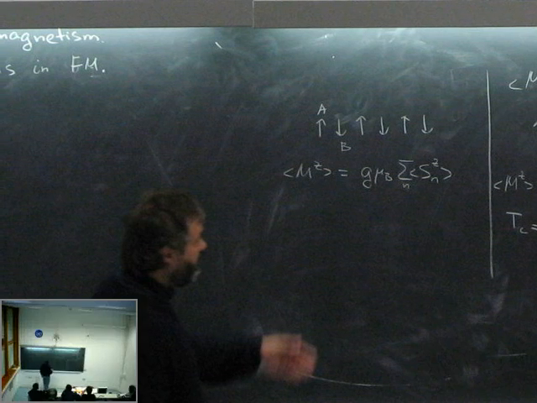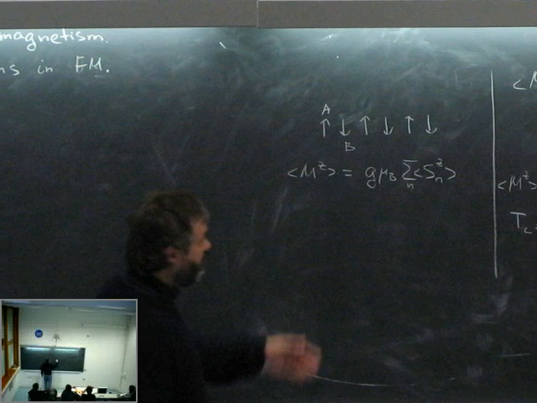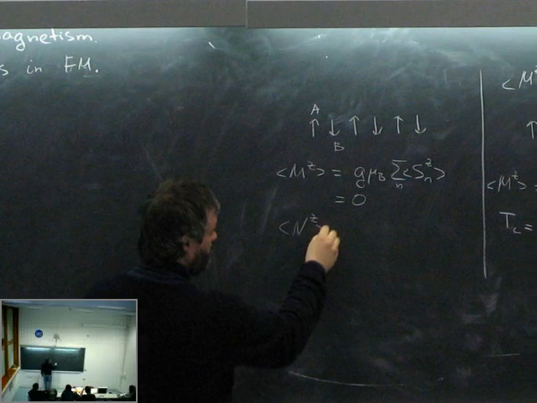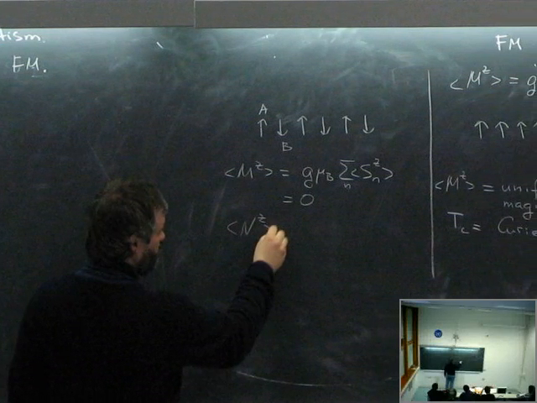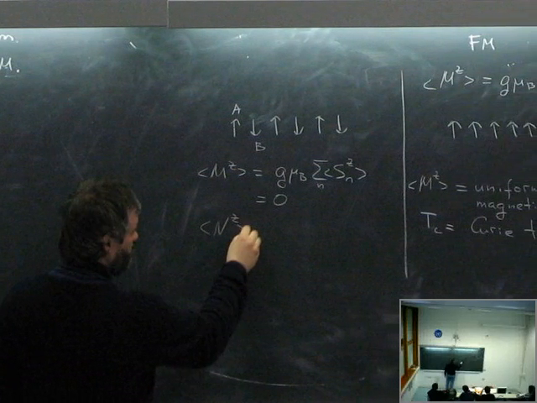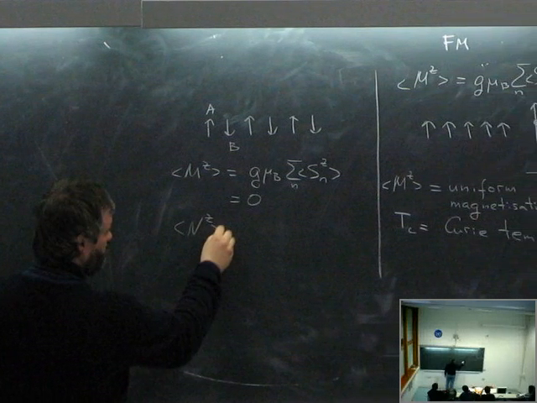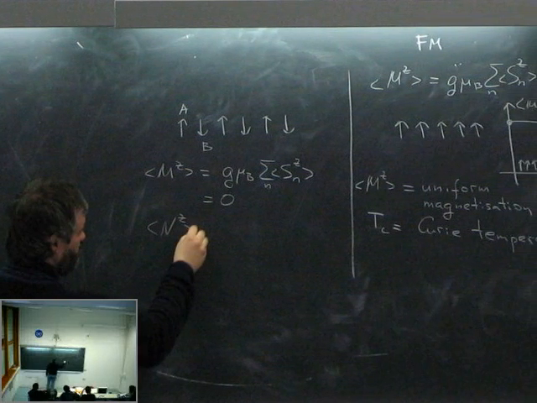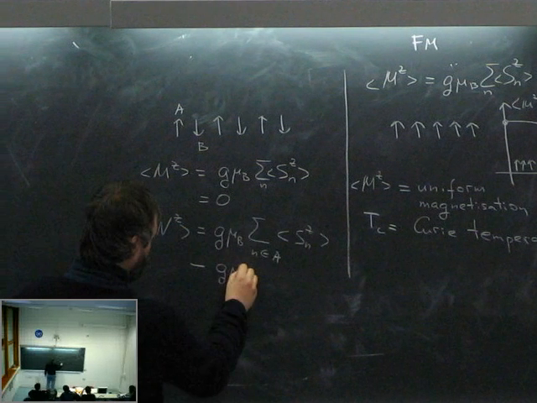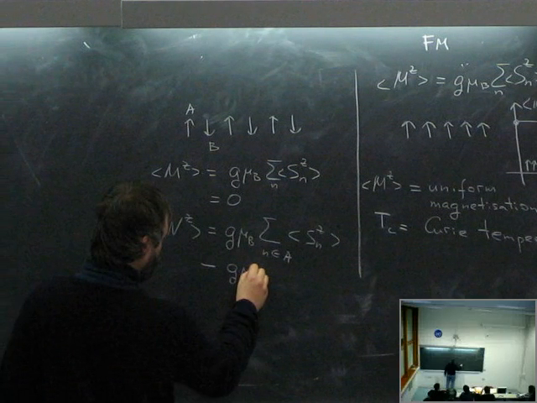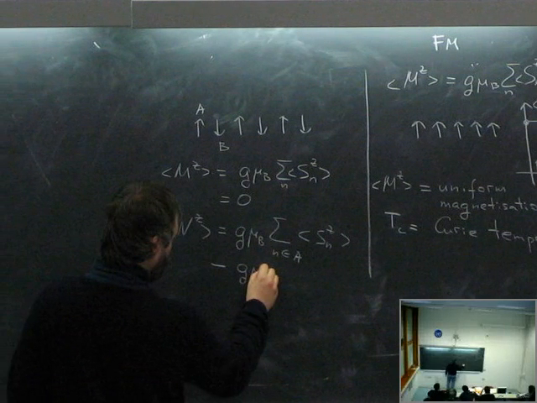However, we can define another quantity. Let's call it N, and we define it this way. This is g mu Bohr sum over n belonging to sublattice A, S_n^z minus g mu Bohr sum over n belonging to B, S_n^z.